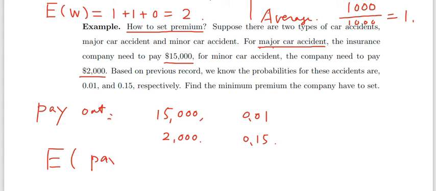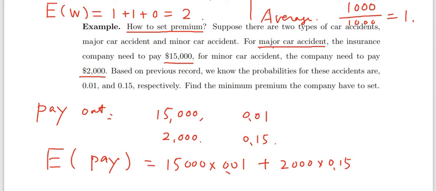Okay, so we can find the expectation for payout. The payout expectation just equals this number multiplied by the probability for this thing to happen, right? And this number multiplied by the probability for this thing to happen.